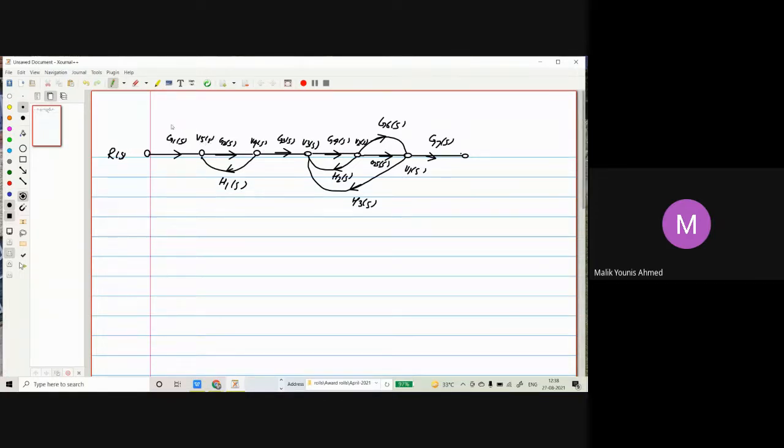So I think we are talking about the non-touching loops. I have told you non-touching loops are those loops which do not have any node in common. That's fine. So now in this figure, which are the non-touching loops?